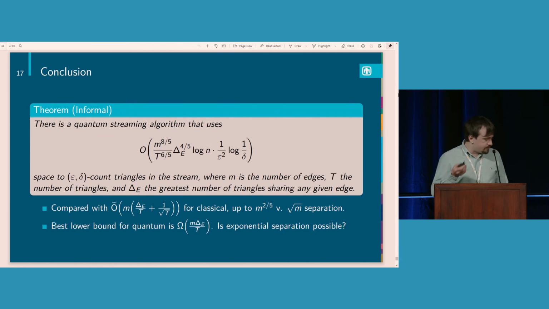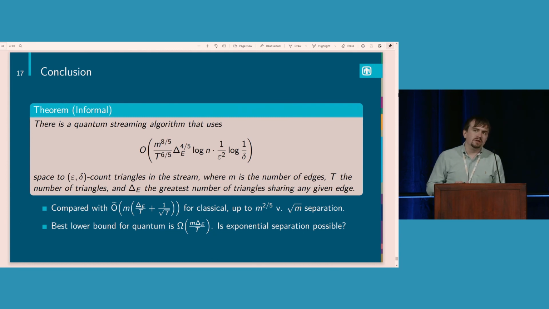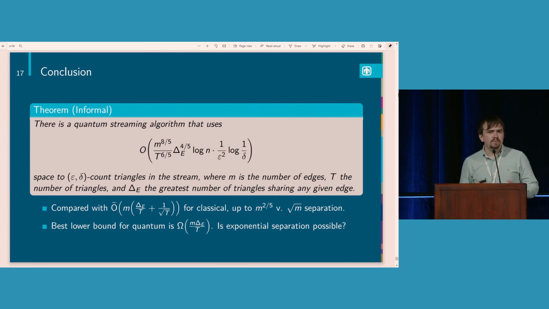And I want to note here that in the regime that maximizes this separation, the best-known quantum lower bounds kind of disappear, or at least become like log m. So it's still entirely possible that you could get an exponential advantage for this kind of problem.